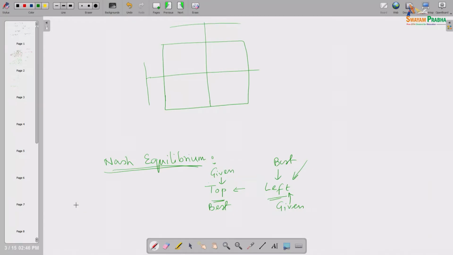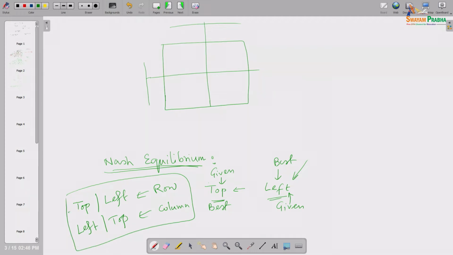So, top given left, this is for row, and left given top, this is for column. If this is the case, top means the best one, and left means here it is best.